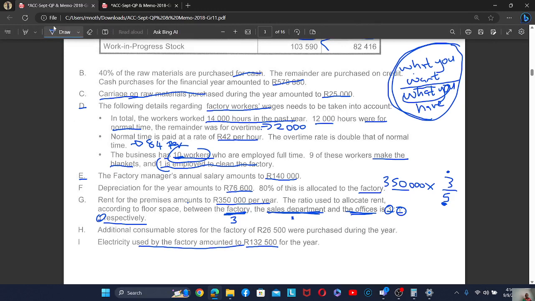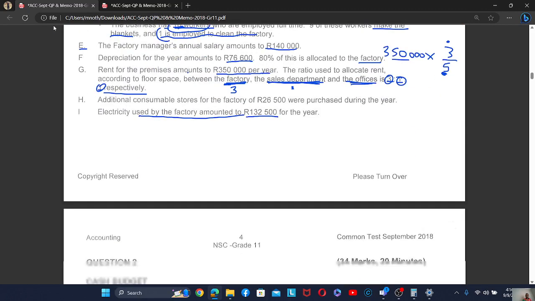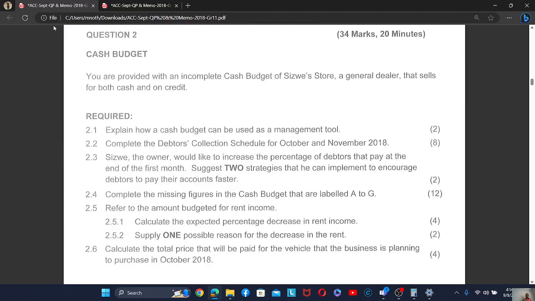Do we still have any factory overhead cost? No, we don't. Okay. So how much is the answer?